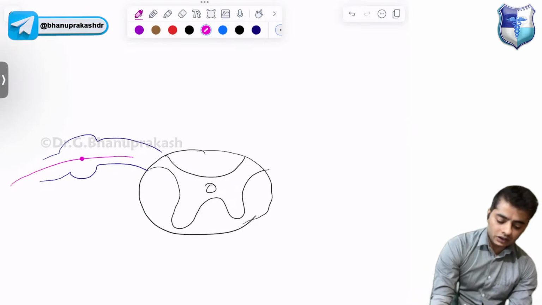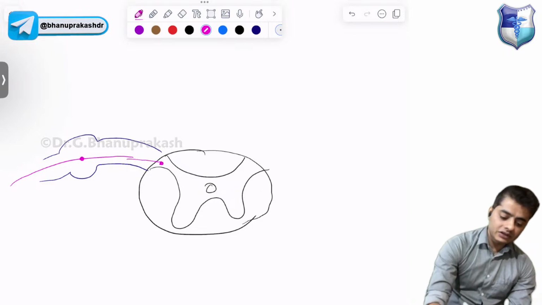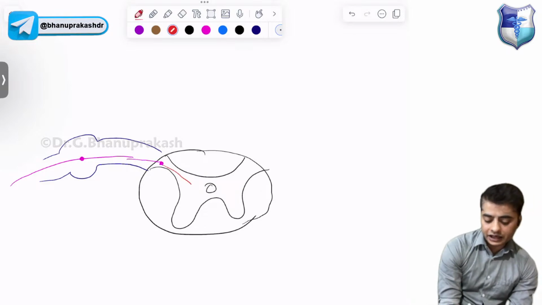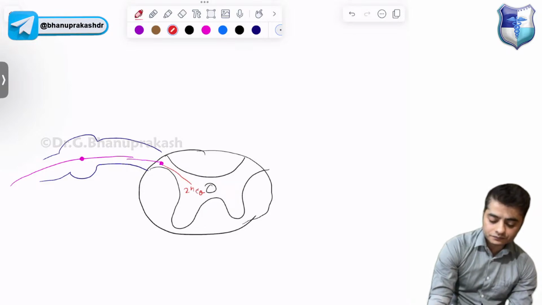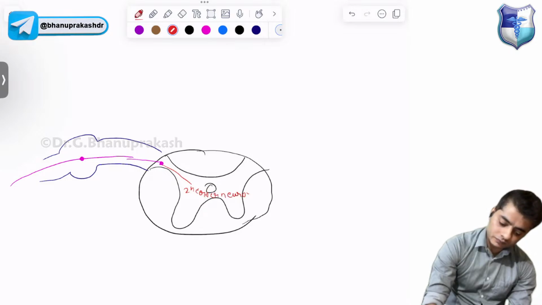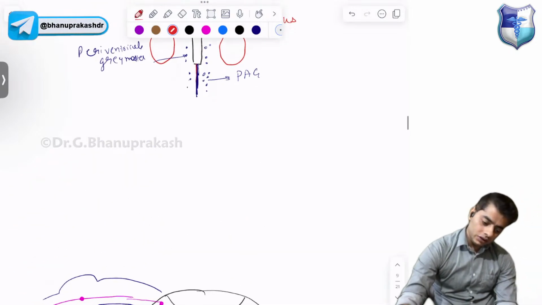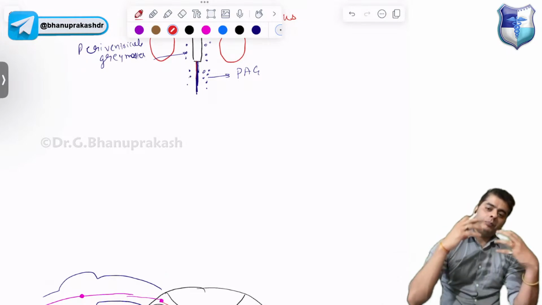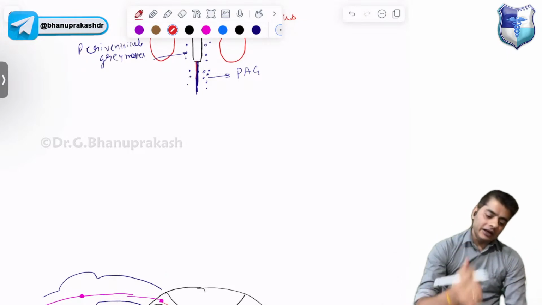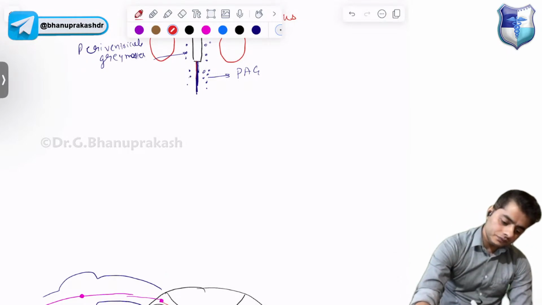This is the first order neuron. Then there are again synapses, and from here the second order neuron will arise. From the periventricular gray matter and periaqueductal gray matter, some descending tracts come down.